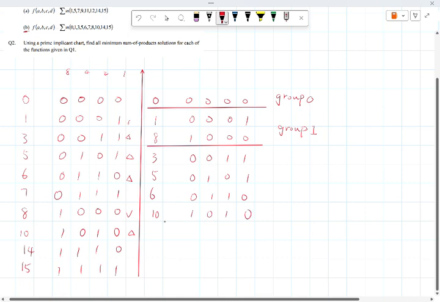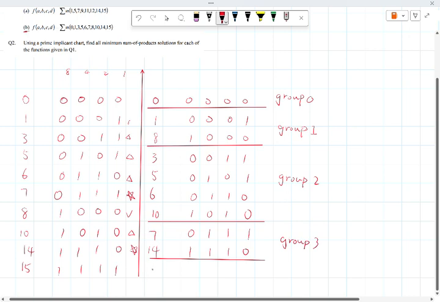Okay, you can see you need to be extra careful. If you copy a wrong digit, you're not going to get the right answer. Okay, then we have three 1s, which are 7 and 14. 7 is 0, 1, 1, 1. 14 is 1, 1, 1, 0, and that's group 3.